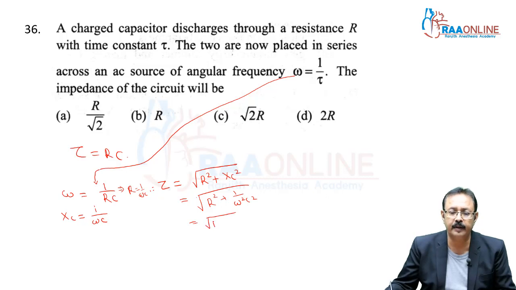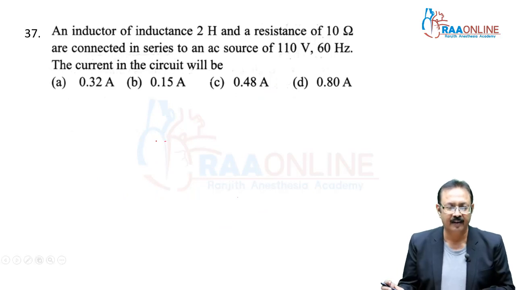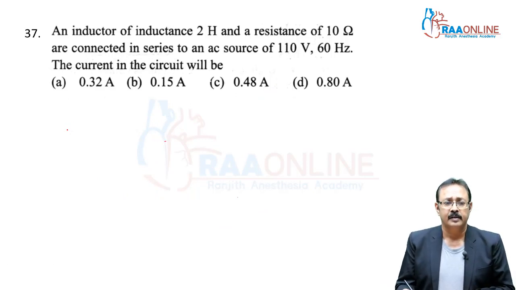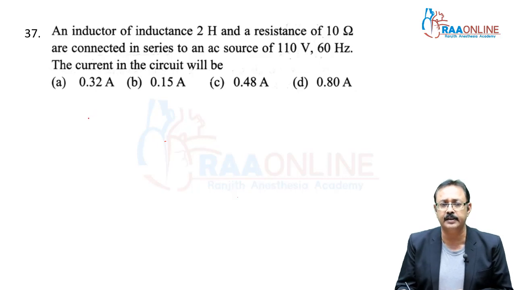So R square plus R square means R root 2. So we will go for option C, 36 is C.